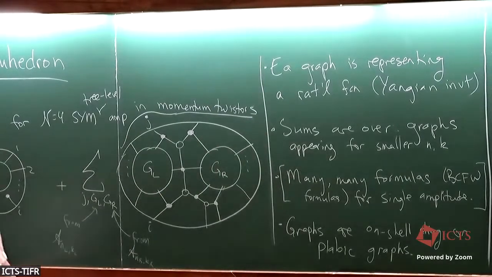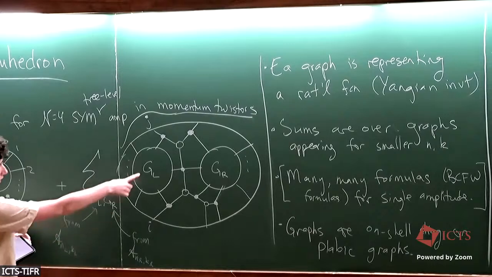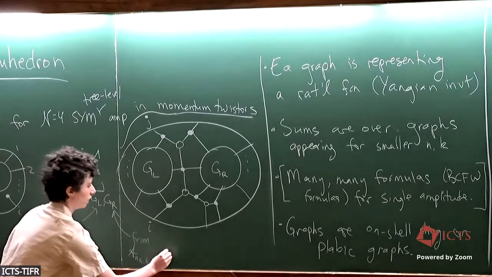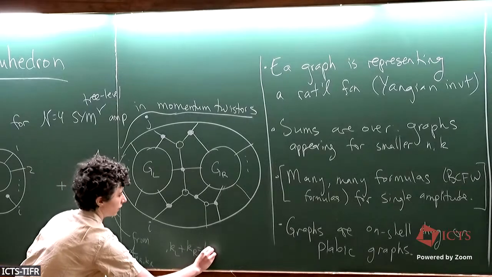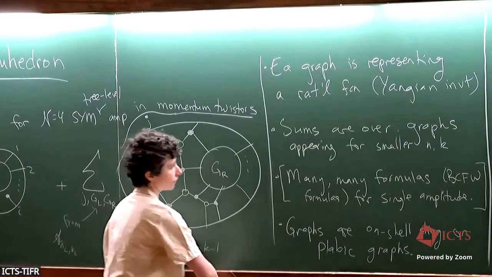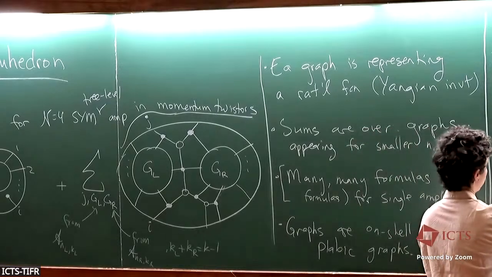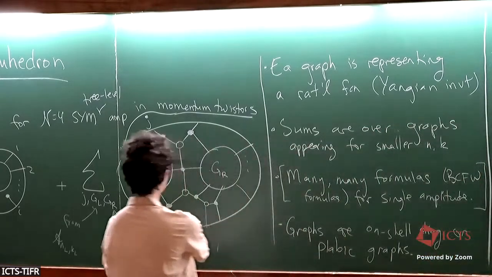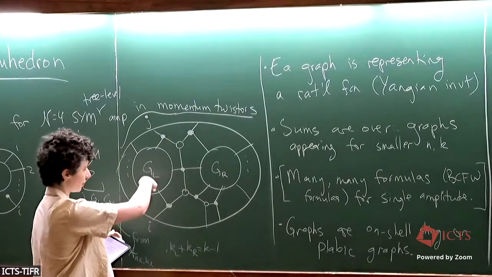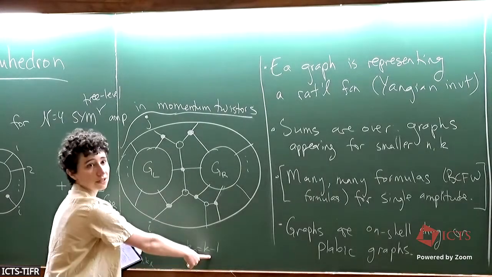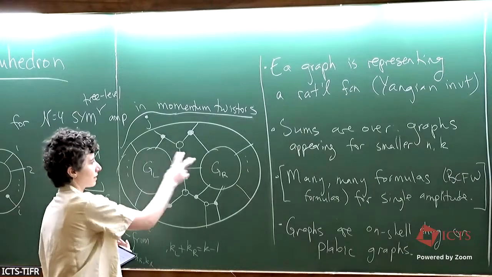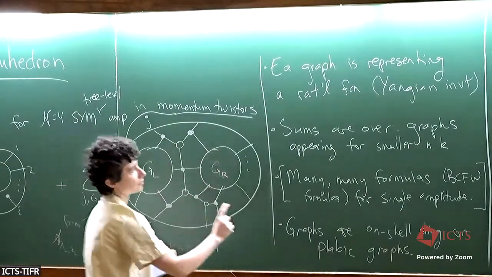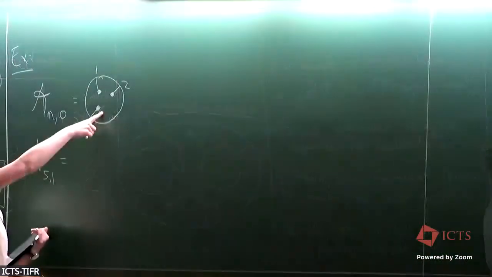The other thing I forgot to tell you is that the helicity for the left and right need to add to the overall helicity minus 1. Here I've got k equal to 1, so in this picture the left and the right k have to add to 0, and that means both of them are in fact 0. And so the only kinds of things I can stick in for these blobs are this kind of picture.